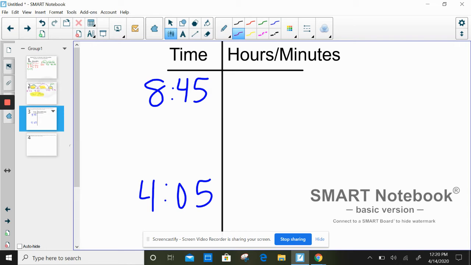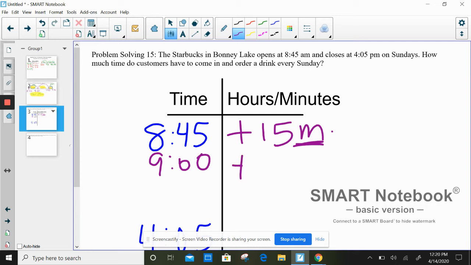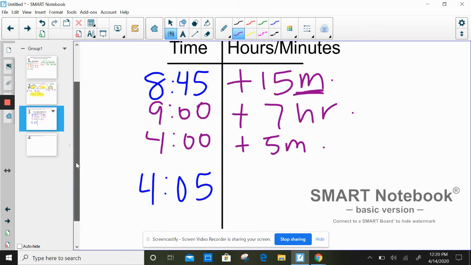So I'm going to add 15 minutes to get myself a friendly number. And you see how I'm always specifying my units here? It's 15 minutes, okay? That's going to get me to 9 o'clock. Then I'm going to add 7 hours like I did before, and that's going to get me to 4 o'clock. And then I'm going to add 5 minutes, and that will get me to 4:05.